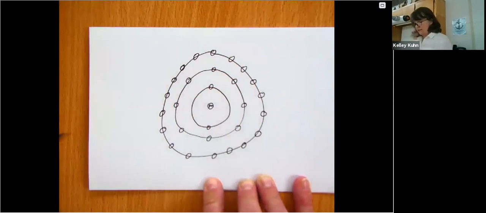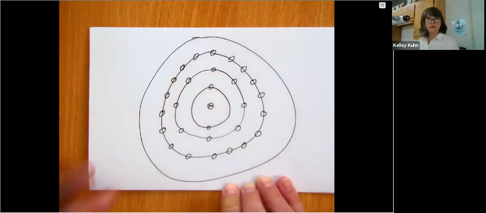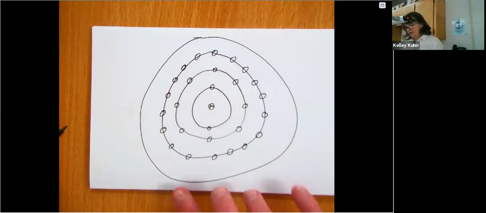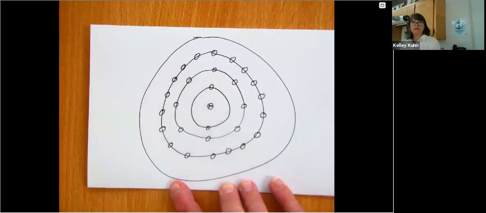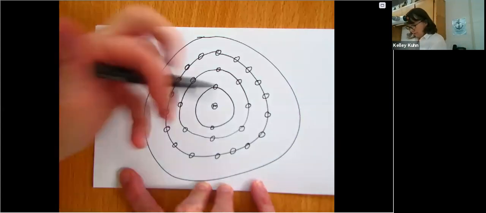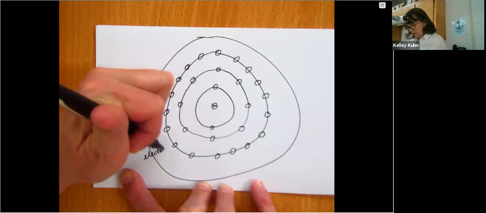And then the one outside of that holds 32. I'm not going to draw those 32. But these little circles would represent electrons, and he spread them out because electrons are negative and they repel each other. This last level and levels from there on out would hold 32.